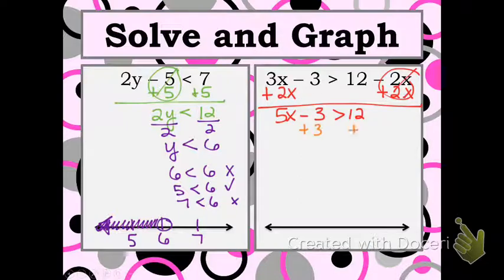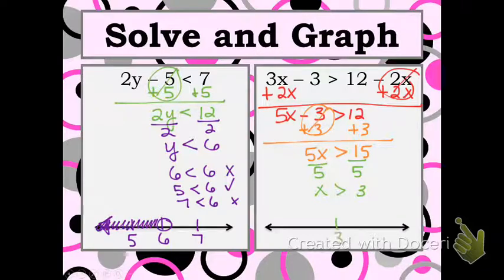So the inverse of subtracting 3 would be adding 3. And the inverse of multiplying by 5 is dividing by 5. I did not multiply by a negative or divide by a negative, so I don't switch my inequality sign.